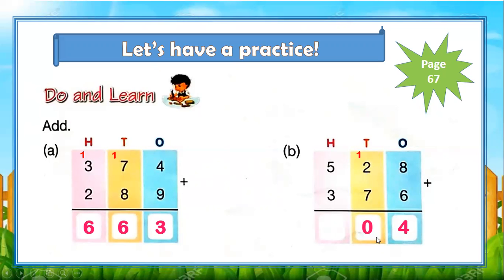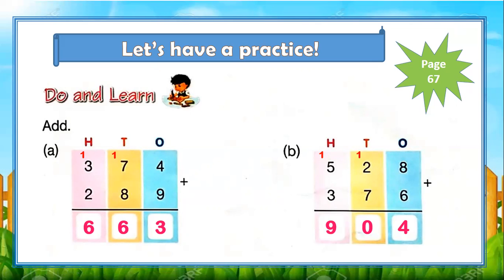So we need to regroup 10 tens. So 0 will be written here, and 100 will be moved to the hundreds column. So 1 plus 5 is 6, plus 3 is equal to 9. So the sum is equal to 904.